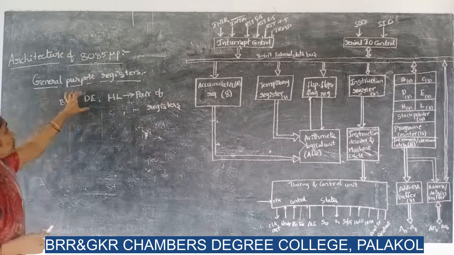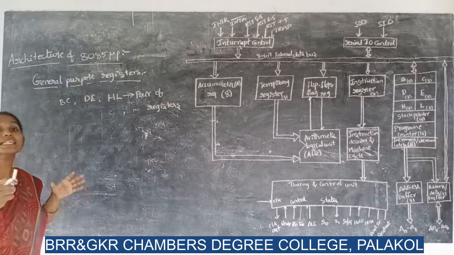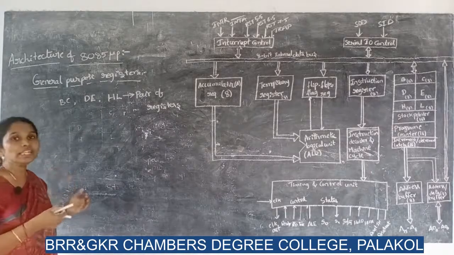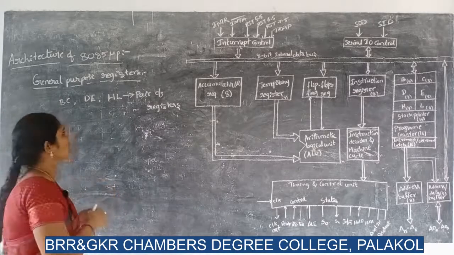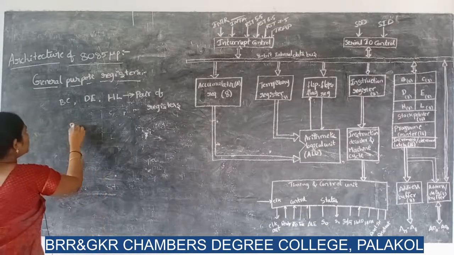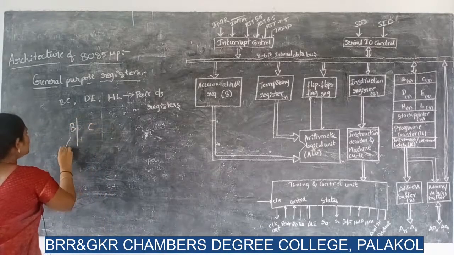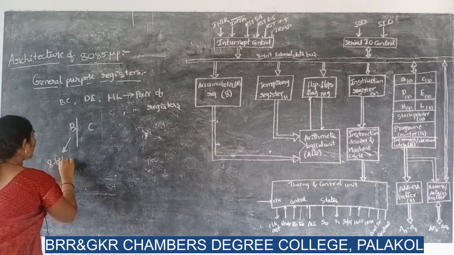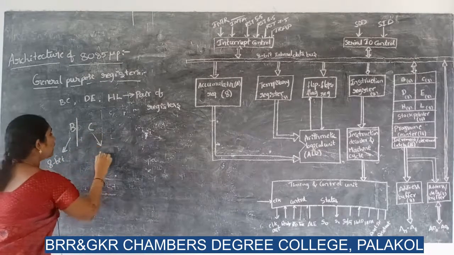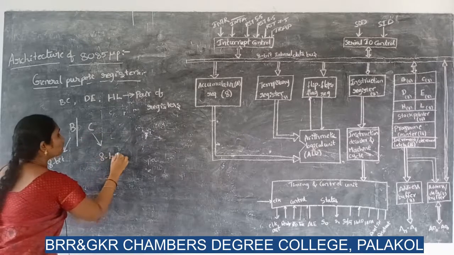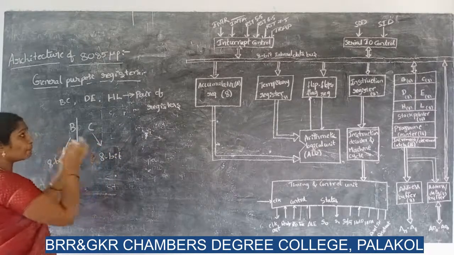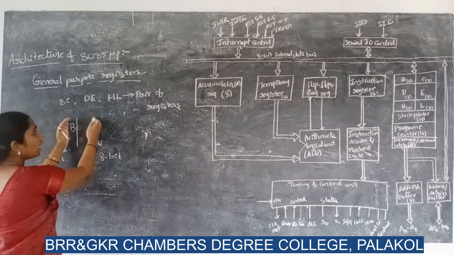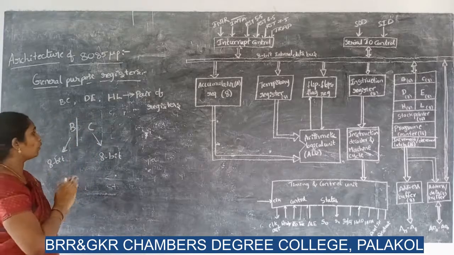These pairs of registers are 16-bit registers, but individually they are 8-bit registers. That means B is an 8-bit register and C is an 8-bit register, but combining both, it is a pair of registers and a 16-bit register.